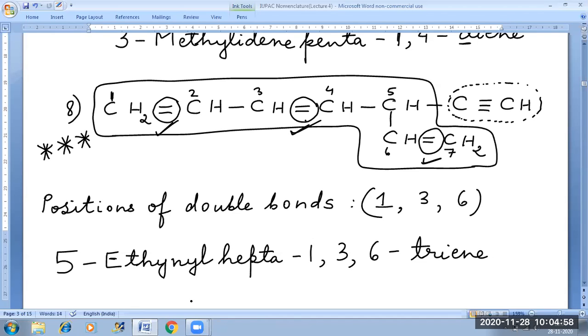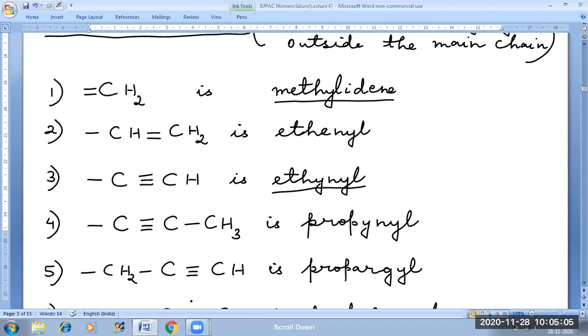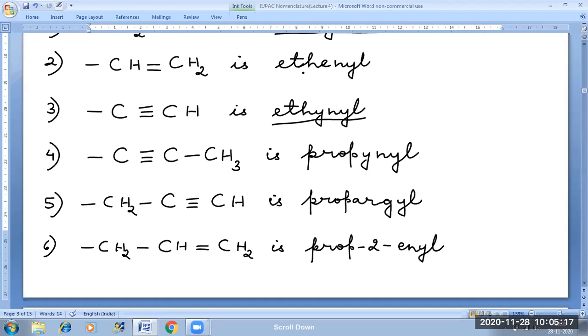So we have to write down the subsequent names, right? Yeah, right now. So can you read out the fifth one?